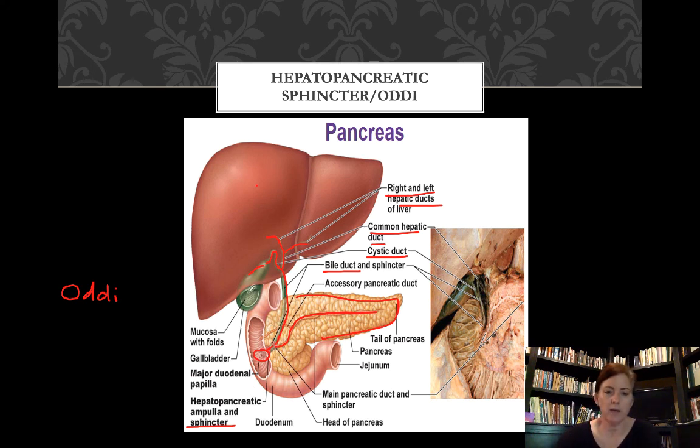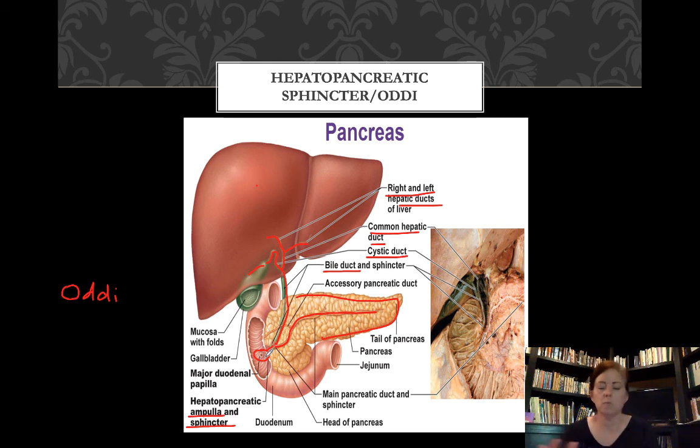But that's how we have bile and pancreatic juices secreted into the duodenum through that hepatopancreatic sphincter or sphincter of Oddi. You'll also see this ampulla and that's basically like the enlarged part of the duct at the end of the duct. So, couple different names in there.